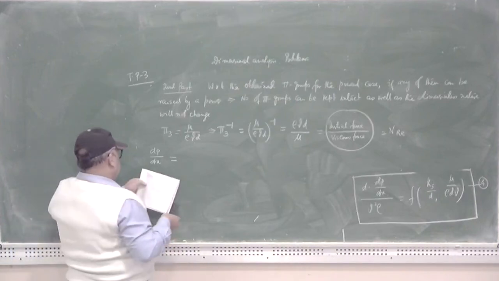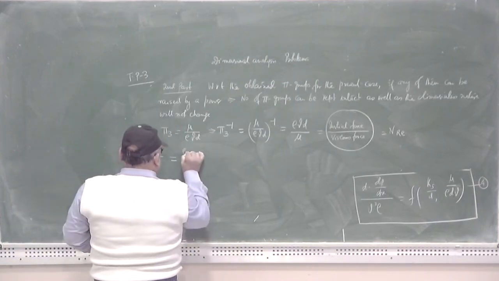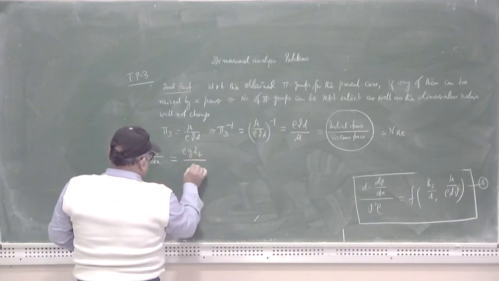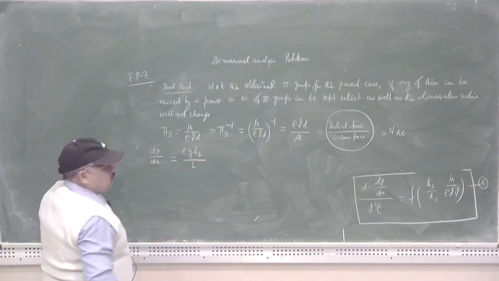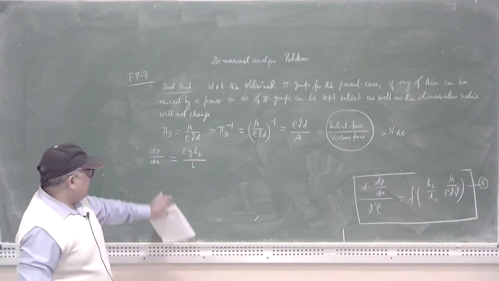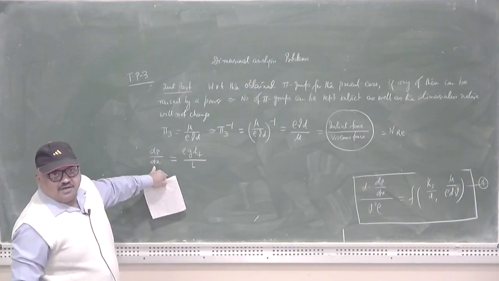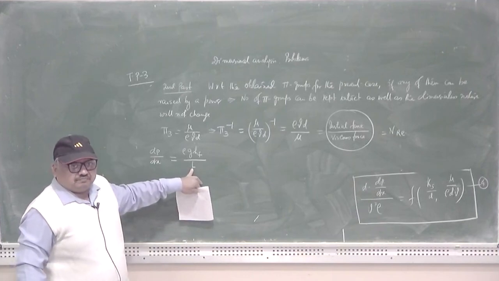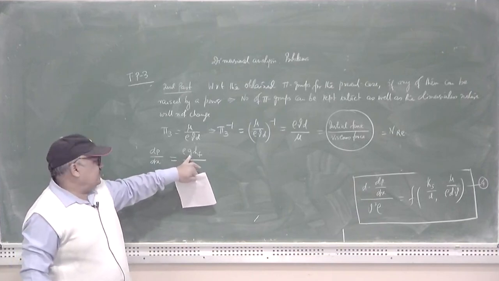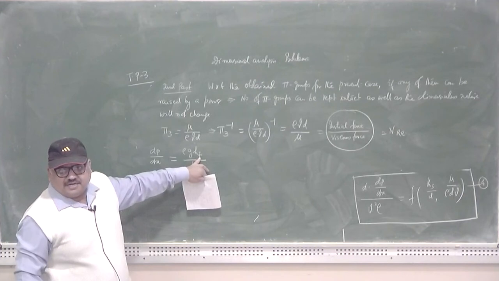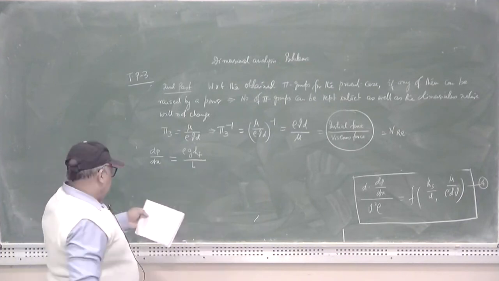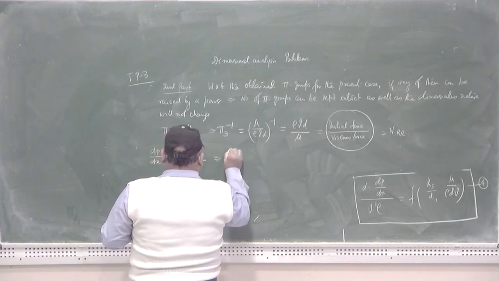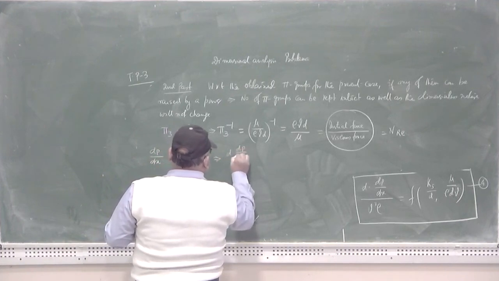Then dp by dx can be written as rho g hf divided by x, with the dimension L. So rho g hf divided by L should be the value of dp by dx. L is the characteristic dimension, rho is the density, g is the acceleration due to gravity, and hf is the head loss due to friction.